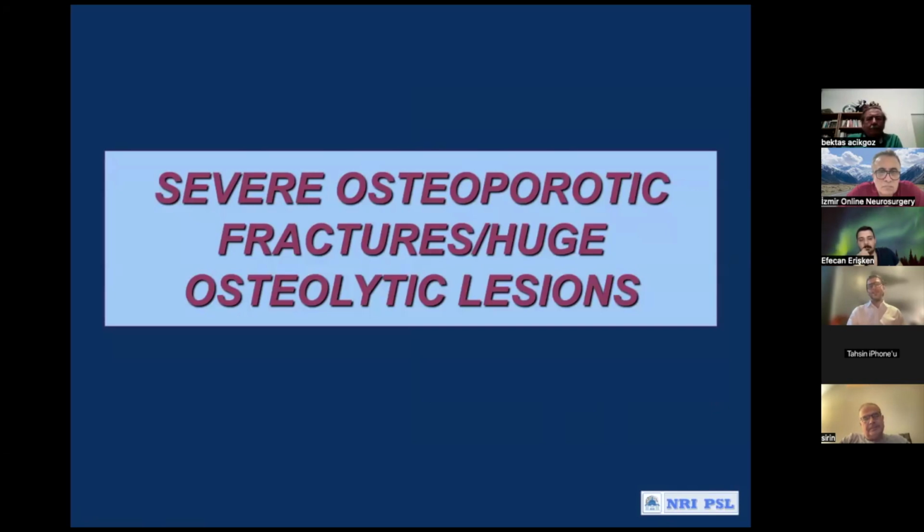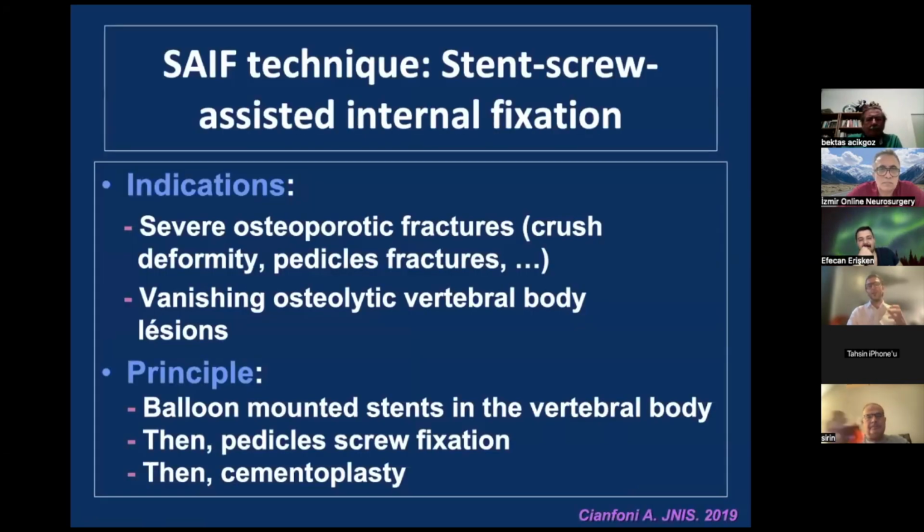What about severe osteoporotic fracture or huge osteolytic lesion? Let's talk about a technique which has been developed by our colleague from Italy, Professor Cianfoni, which is called the SAFE technique. It's the stent screw assisted internal fixation. So what are the indications of this technique?